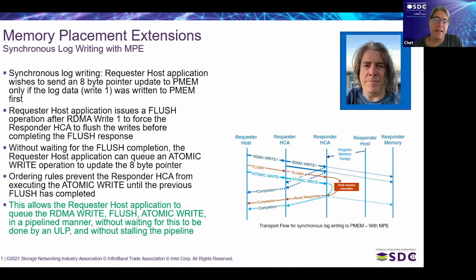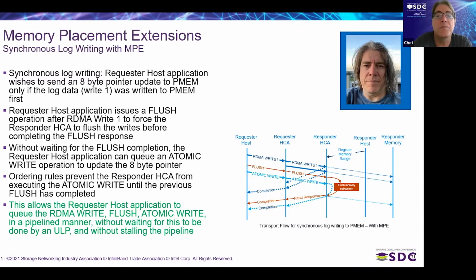And once that data has been made persistent, is in the persistence domain, then you want to perform an atomic pointer update. This atomic pointer update is a common scheme used for synchronizing shared data across multiple nodes.